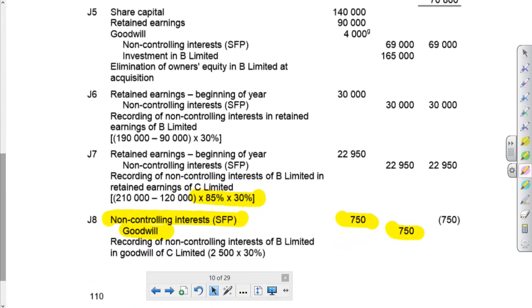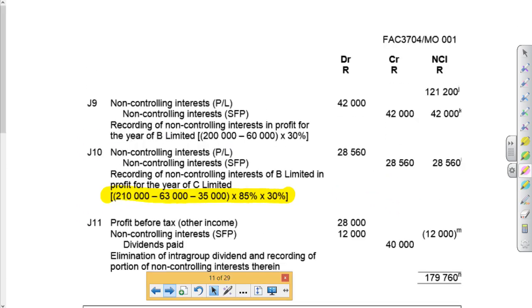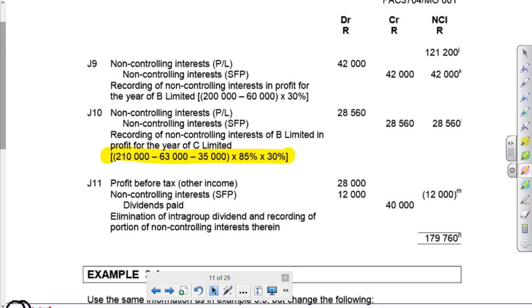Then the extra piece. Here's the extra piece, the 85 times 30. So here is the extra piece of the profit, the 30% times the 85% going to the NCI. Here's the goodwill, the extra piece of the goodwill, the 85% times the 30% once again. And then over here is just the current year's profit and the extra piece going to the NCI.